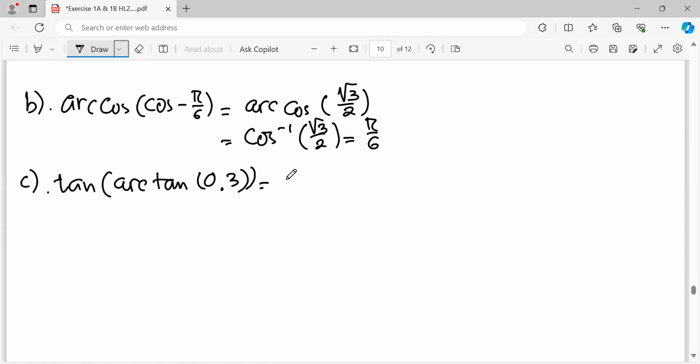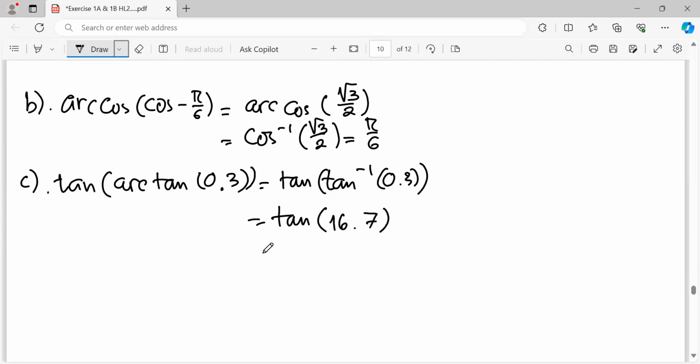Arc tangent means tangent power -1. Tangent, yeah, this one, 16.7. Tangent 16.7 equals 0.3.